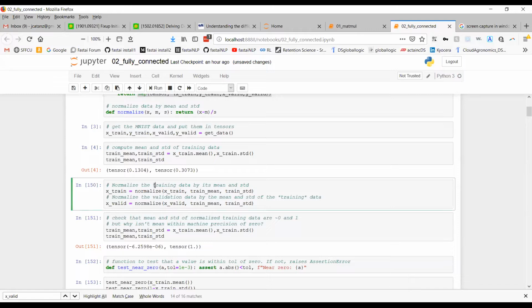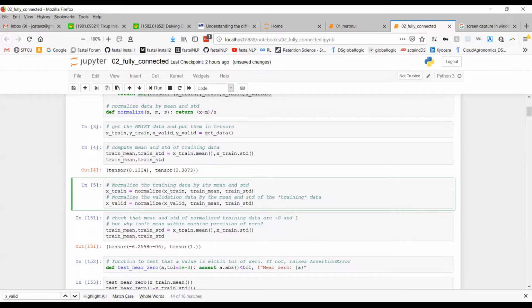Okay, so now we're going to actually normalize the data, both the training data and the validation data. And notice that when we normalize the validation data, we have to do it using the mean and standard deviation of the training data.